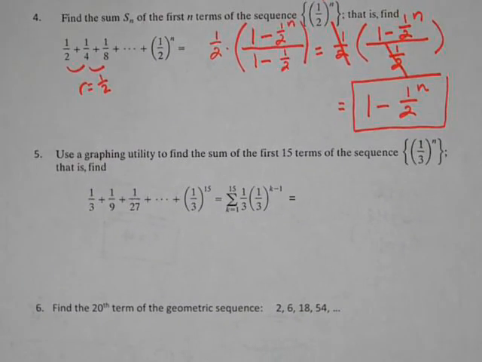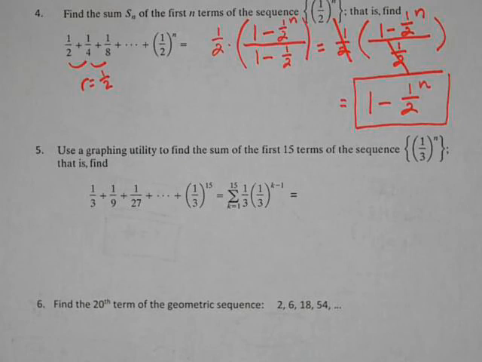Okay. Next one. Use a graphing utility to find the sum of the first 15 terms of the sequence. So this one we actually have a finite number of terms, so we can plug it in the calculator to actually get the answer. I'm going to use the same formula.